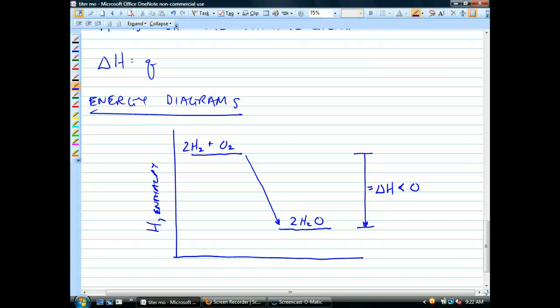Okay? Now, of course, it's really about bond strength. In fact, we're not going to get into it in here. But if you look at the actual energies of the bonds themselves, you can calculate delta H for the reaction. Because what's going on here is the H2O bonds are stronger than the bonds here and here.